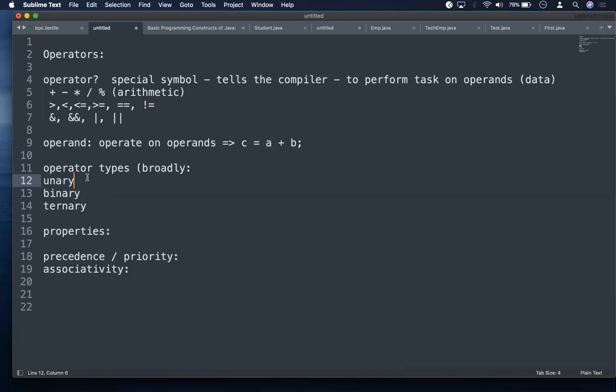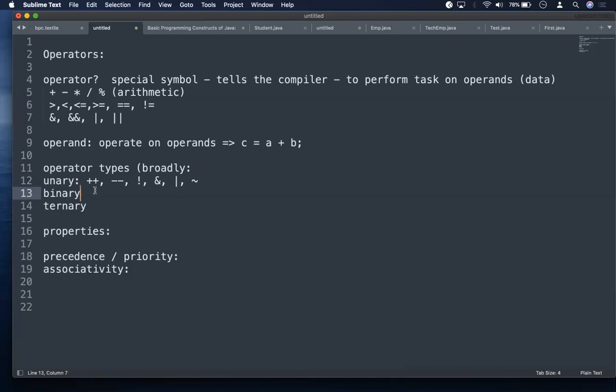So we have unary operators, like plus plus, and then minus minus. Of course, we have the not operator, the negation operator, and the bitwise and bitwise or. So these are all the unary operators. So why do we call them unary?